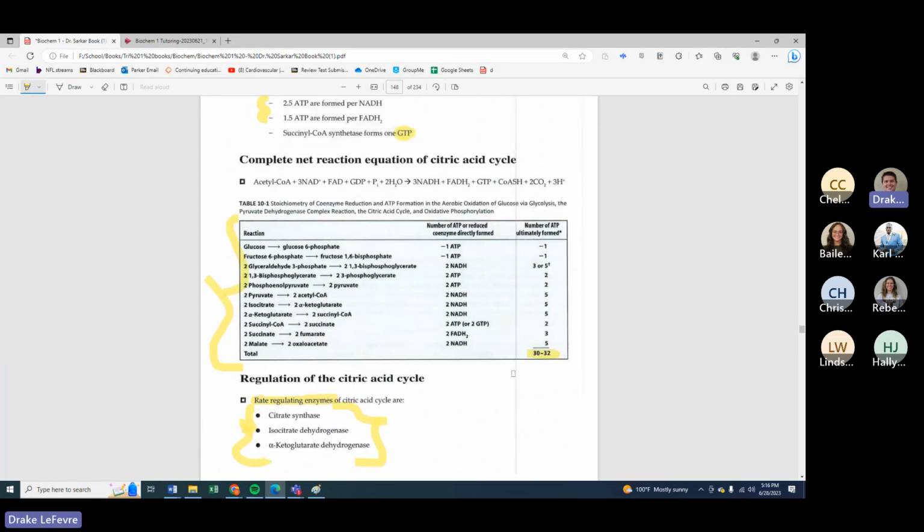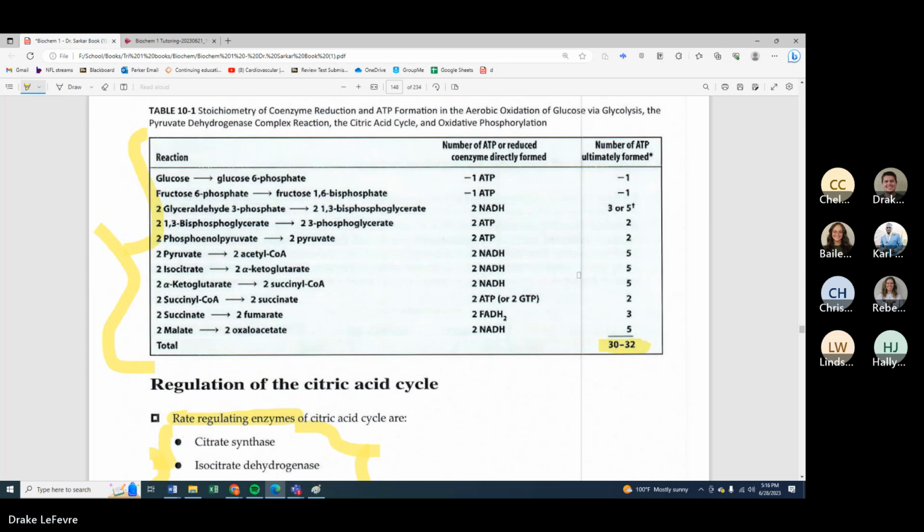Here we go. So here's all of our beautiful math. We lose 2 ATP, so we have -2. We get the 2 NADH from glycolysis plus the 4 ATP from the rest of glycolysis. Then we get NADHs 1, 2, 3, 4, 5, 6.